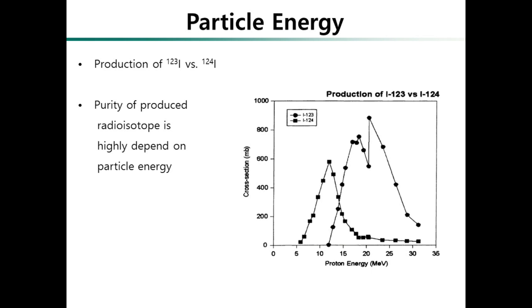So sometimes the threshold energy can make a different radioisotope. We have to consider those things. So if we want to make iodine-124, just 10 MeV is enough for iodine-124 production. Okay? All of that is in a textbook. So you can search the literature, then you will find a 10 MeV cyclotron. Okay?